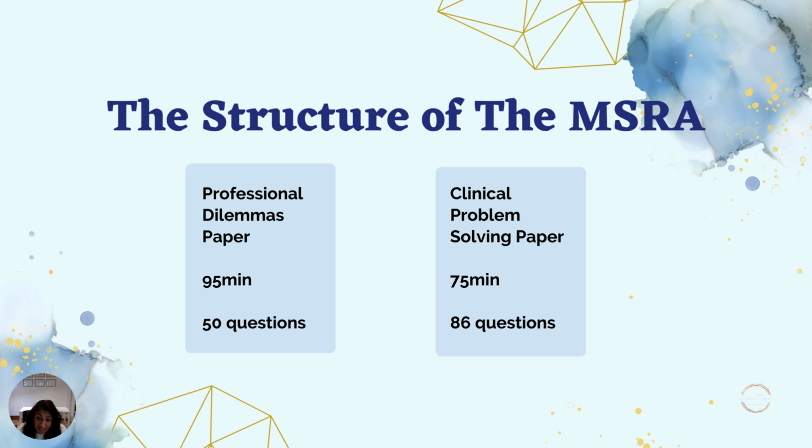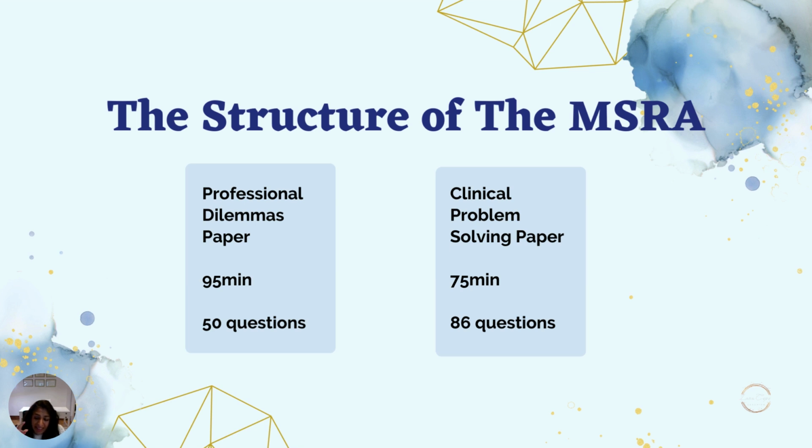So if you're already a specialty training registrar, you have to alter your mindset when answering these questions: I'm being asked these questions as an F2, not as an ST5 or an ST4. So you have to answer the questions according to that level.